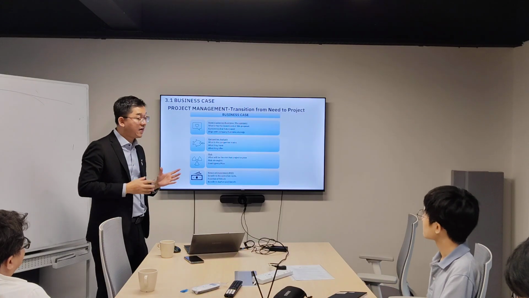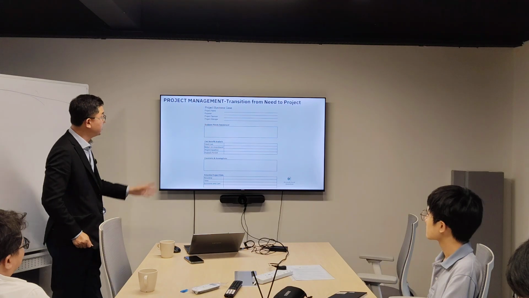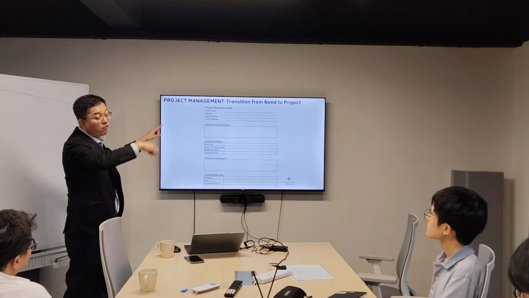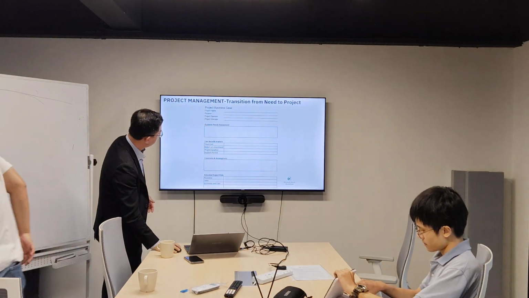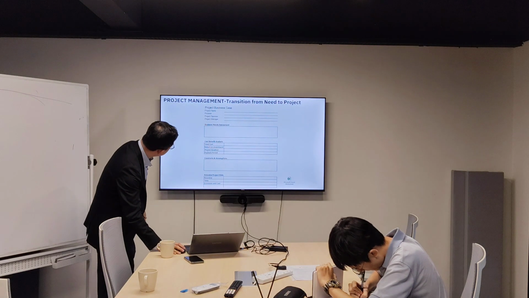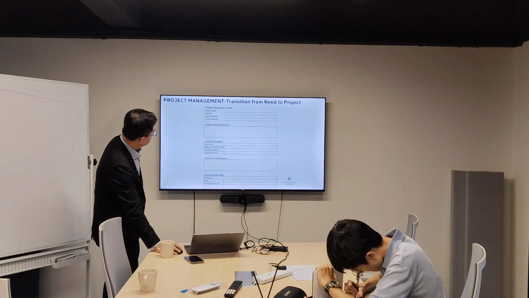So when you start a project, you need to have the business case. And basically this is an example of the tools that I mentioned. This is a form that you need to fill up. You need to do an equation. You need to come up with your cost benefit analysis. Okay. So this is a cost benefit analysis.